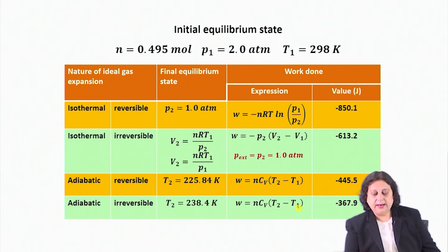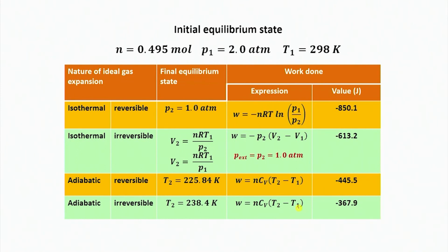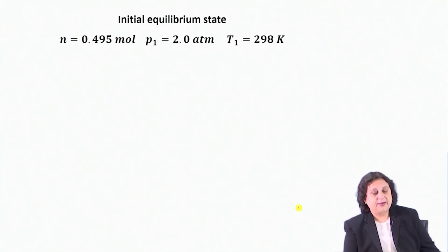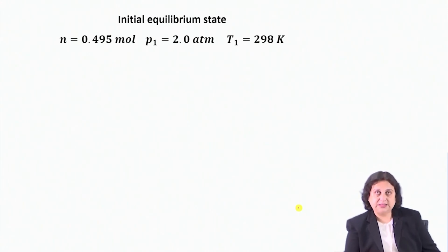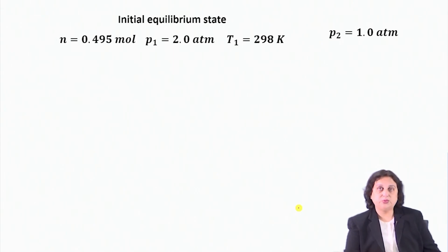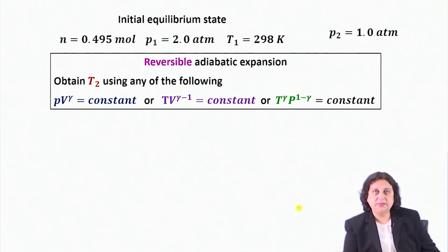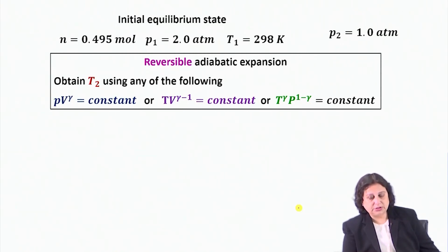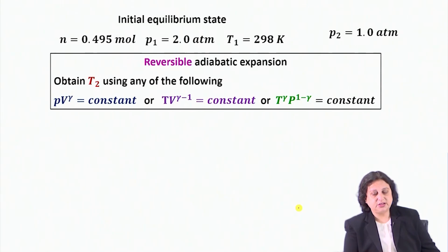Now I will highlight the values of work done in this slide here. But before you calculate, I would like to remind you that I have started from the initial equilibrium state defined by these parameters. I know that my P2 is 1 atmosphere. Therefore, when I have a reversible adiabatic expansion, which expression shall I use to find the final temperature?